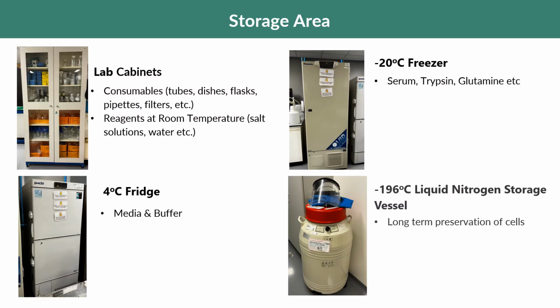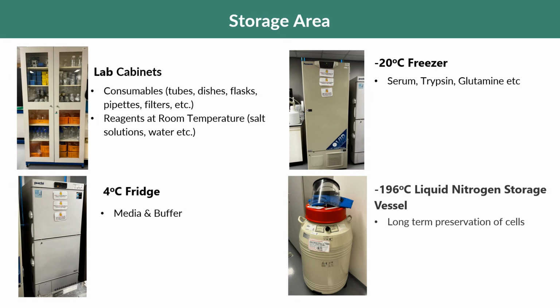For the storage area, you need lab cabinets, you need a fridge, freezer, and also a liquid nitrogen storage vessel to store your cells. Okay, so for storage of media and additives, at least you need to have one refrigerator, minimum. Okay, ideally, all the unopened media should be kept separate from what you're currently using. They are generally put in a cold room or a refrigerator nearby.